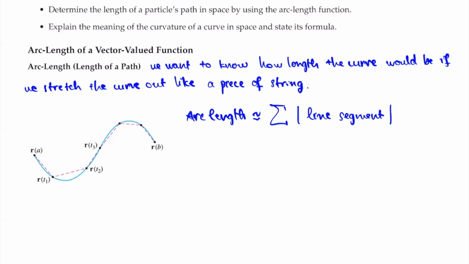Assume that you break this curve down into n different points. So for i going from 1 to n, and then for the line segment connecting from one point to another, that's the calculation right here. And for the approximation of the arc length of the curve, we take the sum of the distances.